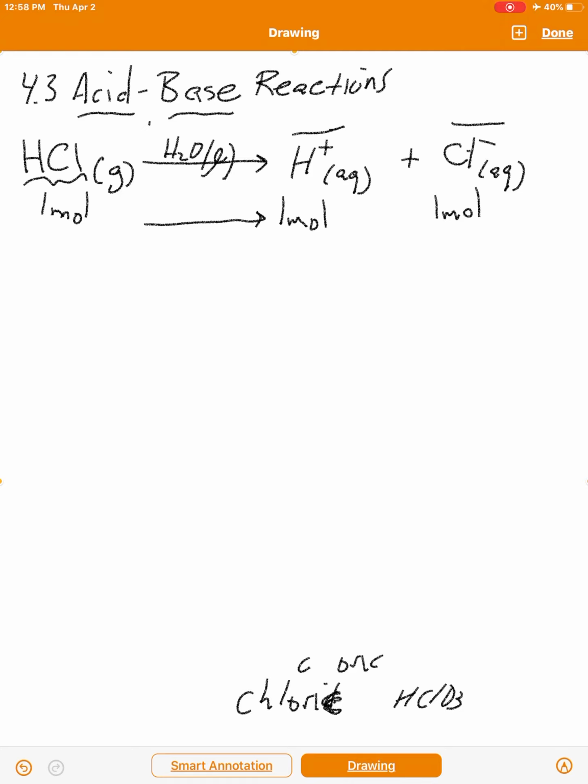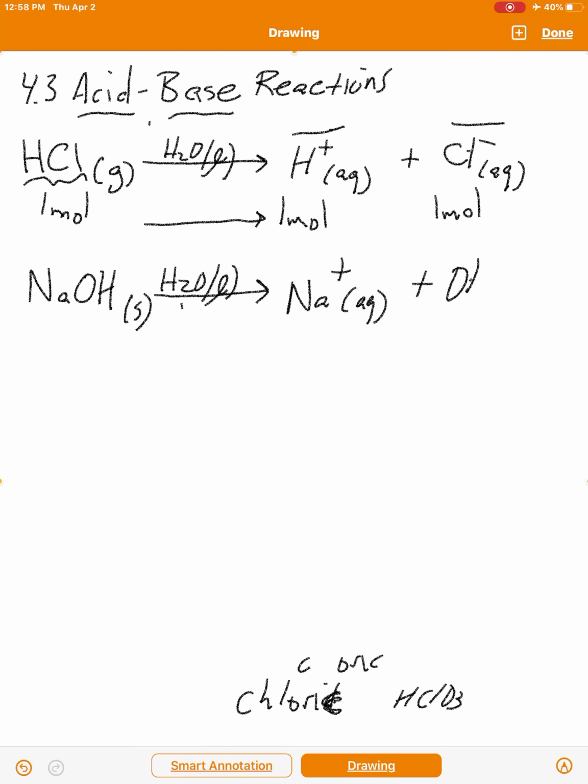Now, if you take a look at the strong bases, it's a similar process. For example, sodium hydroxide. Sodium hydroxide as a pure substance is actually a solid. And when you dissolve it into water, you get Na plus sodium ions, but you also get the hydroxide ion.